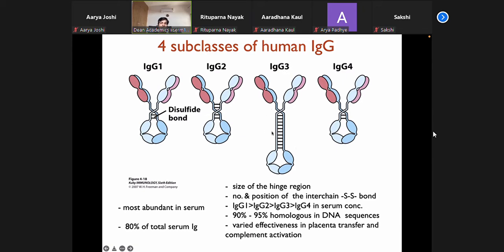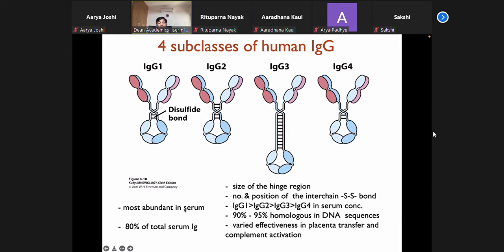Because the length of this region is quite different in different classes, the major epitopes which distinguish whether this is IgG1, 2, 3, or 4 are present in this region, right?